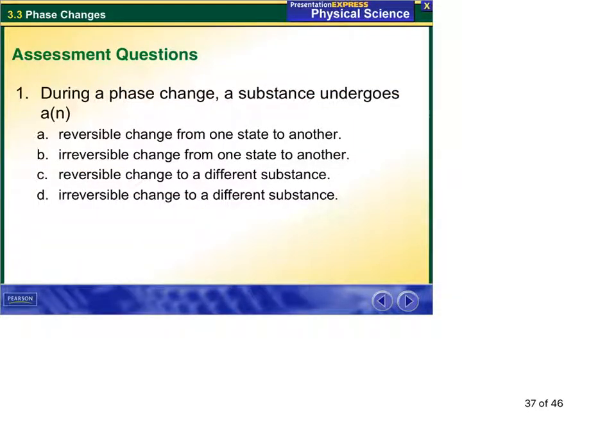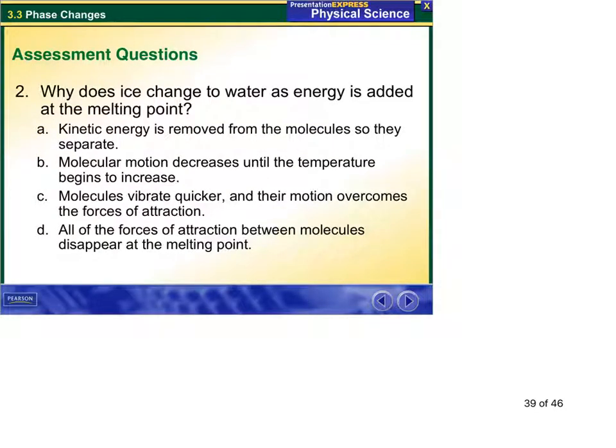In our review questions: during a phase change, a substance undergoes a physical and reversible change from one state to another. Just our definition for a phase change. Why does ice change to water as energy is added at the melting point?